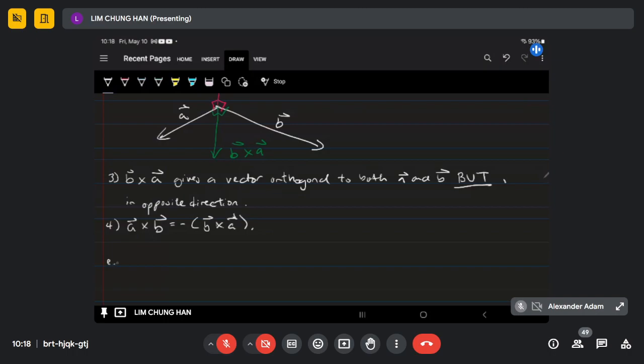Okay, so let's tackle an example. So I have a vector u, negative 3i plus j minus 2k, and I have a vector v, i plus j plus k.